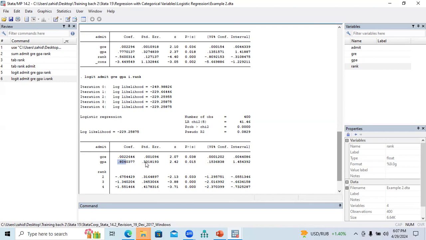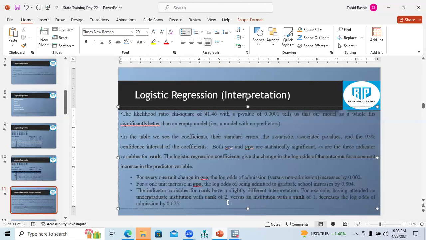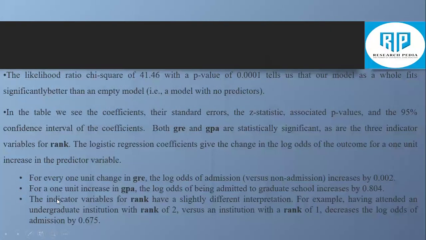You cannot interpret this value in the same way that you considered the simple regression or pooled regression or simple OLS model. The interpretation changes. For the rank of the institution, the indicator variables have a slightly different interpretation.